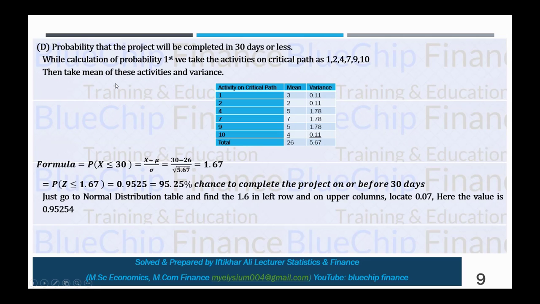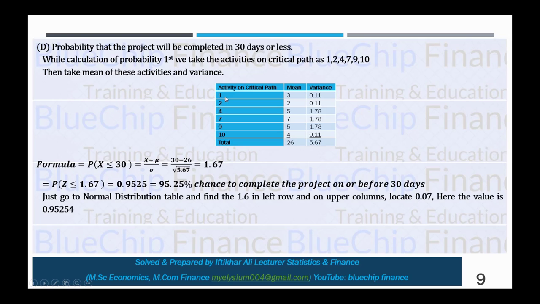After that, what is the probability that you complete your project within 30 days? So just take this critical path mean and variance as we calculated previously.